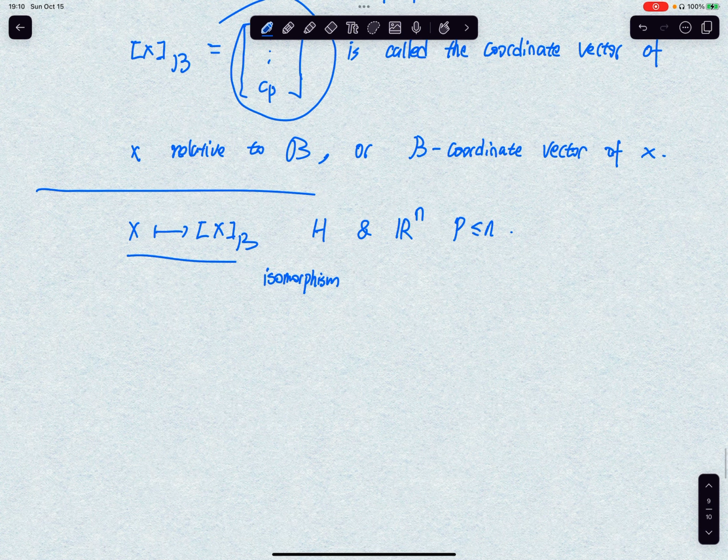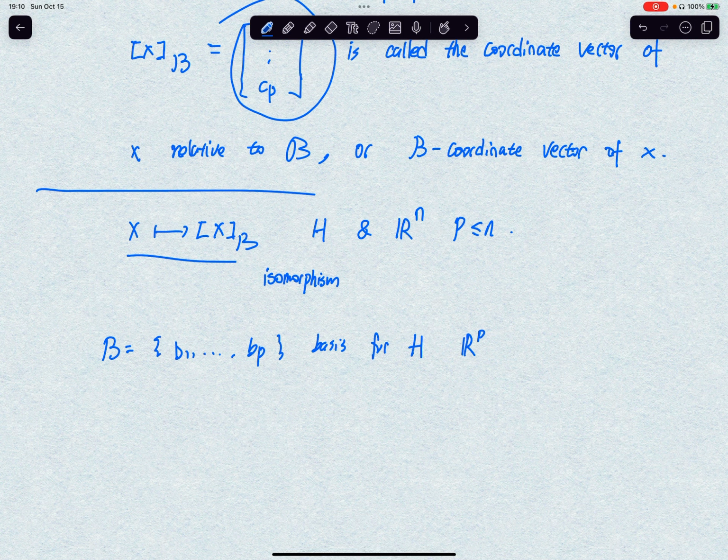If there is an isomorphism between H and Rn, we say that H is isomorphic to Rn. So in general, B equals {b1, ..., bp} is a basis for H. Then this mapping makes H look like Rp, even though the vectors in H themselves may have more than p entries, but there are only p independent elements.